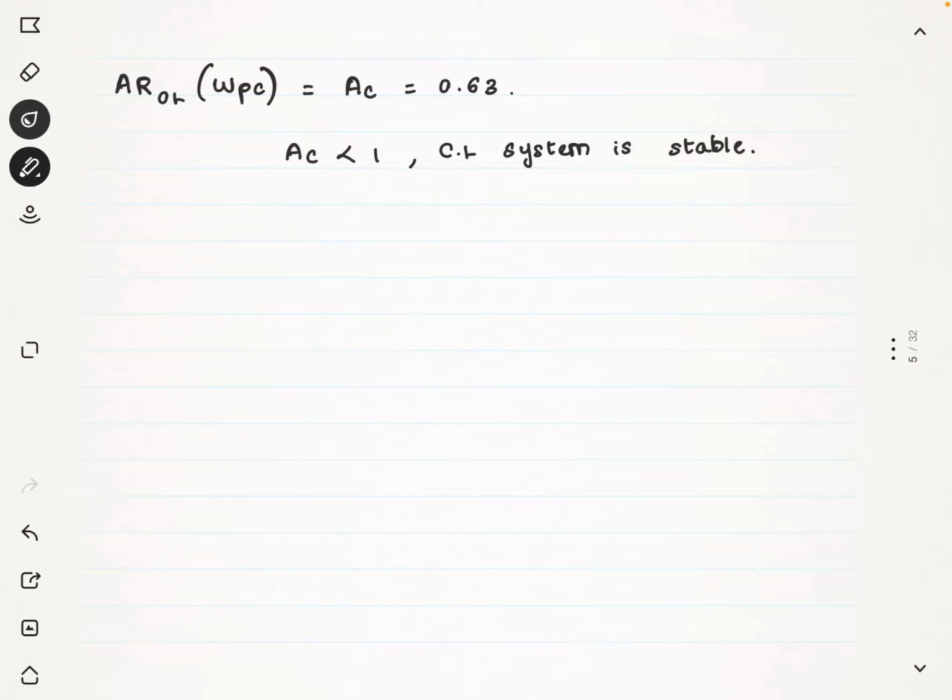And now we'll go to the second subdivision. So in the second subdivision, we have an input signal u is equal to 1.5 sine 0.5 into t.